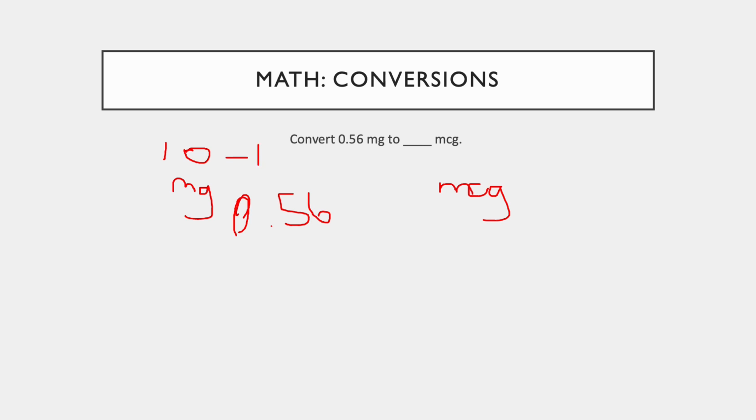See how we go ascending to descending? That's the direction we're going in, from big to small. Same deal here. So we go 1 spot, 2 spots, 3 spots, because that's how many spots you go. So milligrams to micrograms is 3 spots to the right, and you got 560. So that's your answer. And next slide.